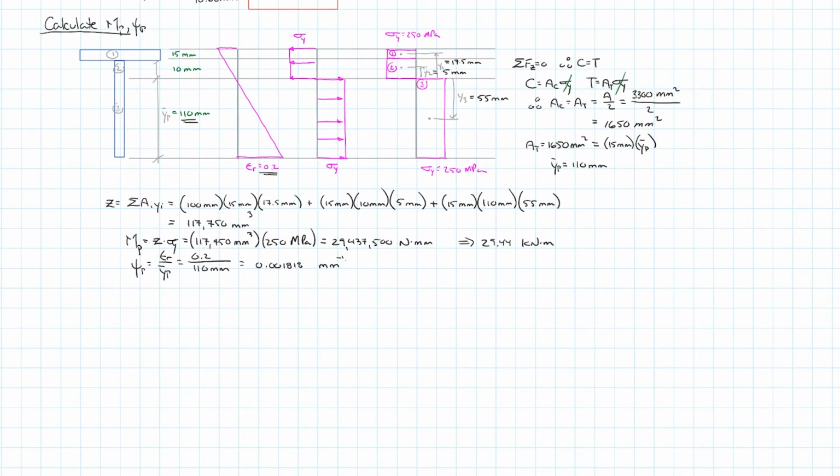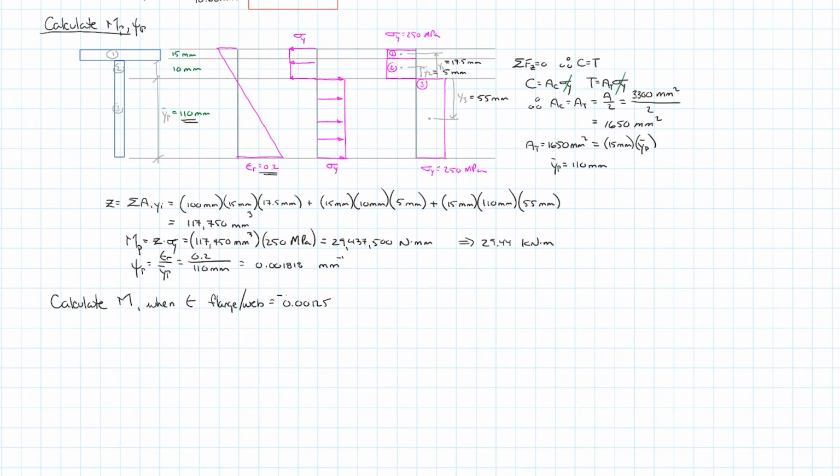And so what it says is to calculate the capacity of the cross section, the moment capacity of the cross section, when the strain at the flange web interface is equal to the elastic strain, so 0.00125. Sorry, and we'll put that in compression.